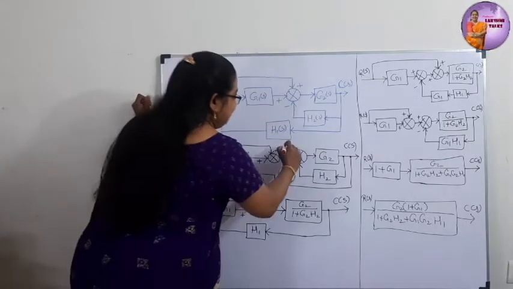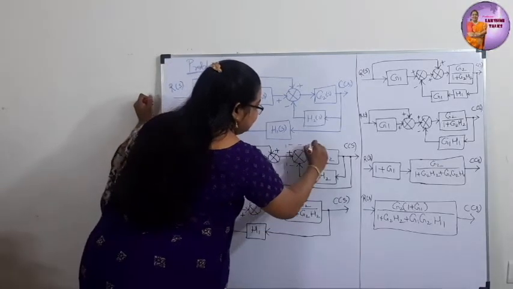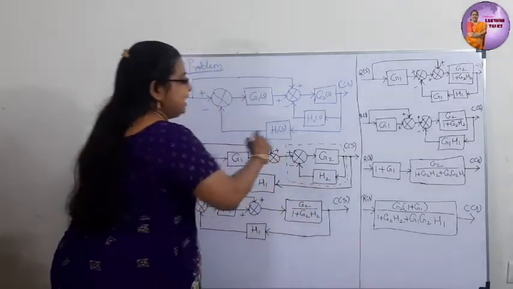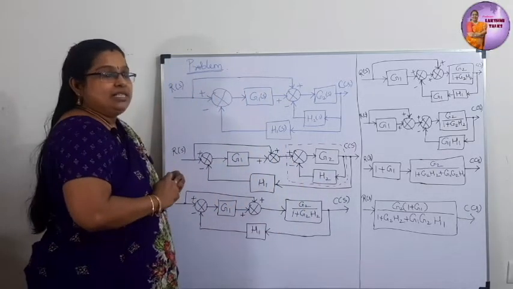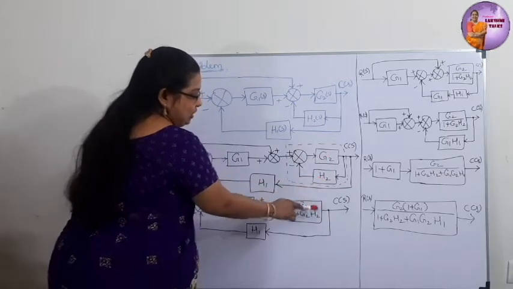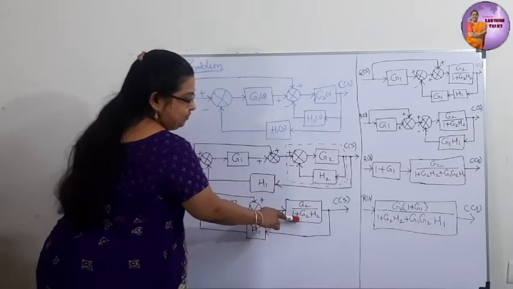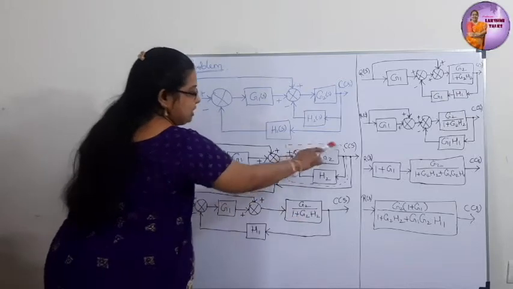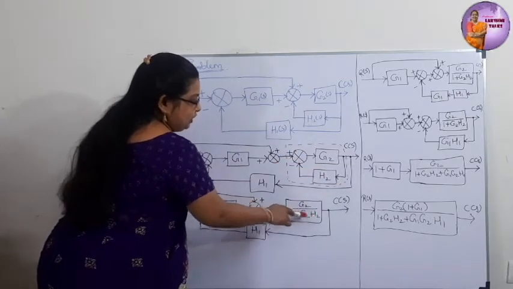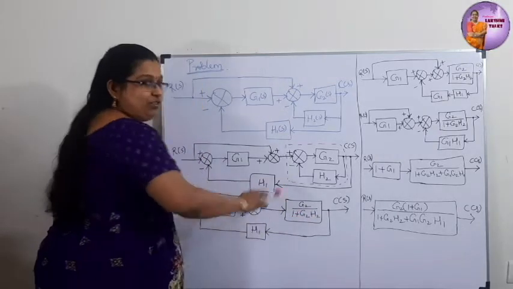Now you can easily visualize that here you have a simple negative feedback path. This negative feedback path can be simplified as G2 divided by 1 plus G2H2. So this total block is simplified as G2 divided by 1 plus G2H2, because it is a negative feedback.